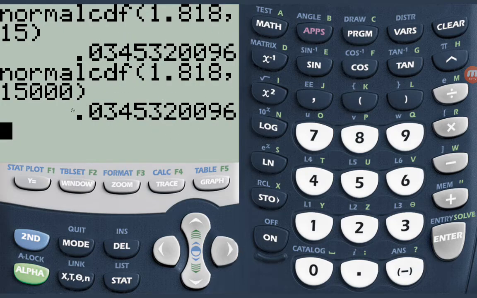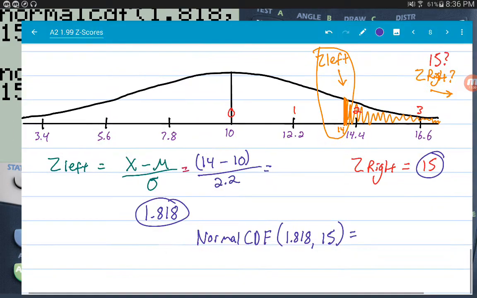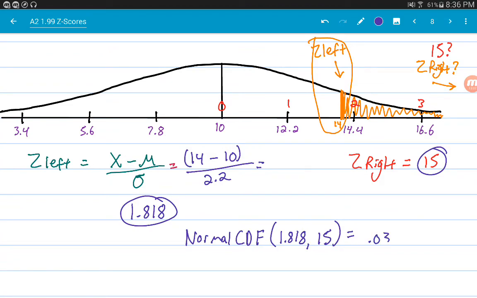Because if you go far enough out, you've already got the answer. Any extra is just overkill. So the good thing is, there's no wrong answer to pick. So 0.0345. Now let's move that decimal point: 1, 2, 3.45, or round it up, 3.5%.